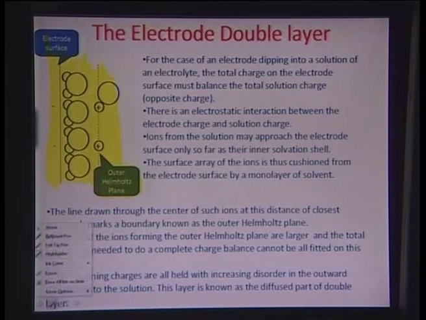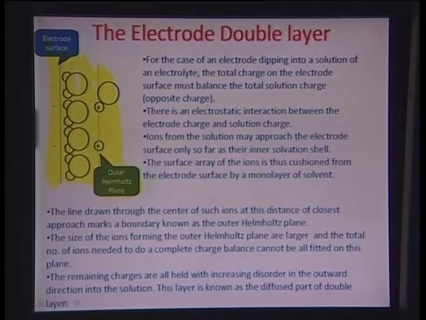So, there is a negative charge on this surface, and there is a bunch of positive ions which have left the surface into the solution, forming this particular layer. Okay. When these ions separate out, they carry a small layer of water.